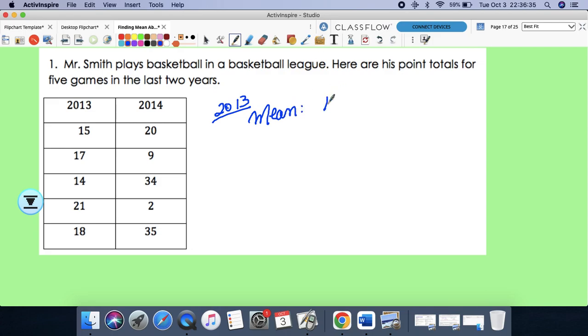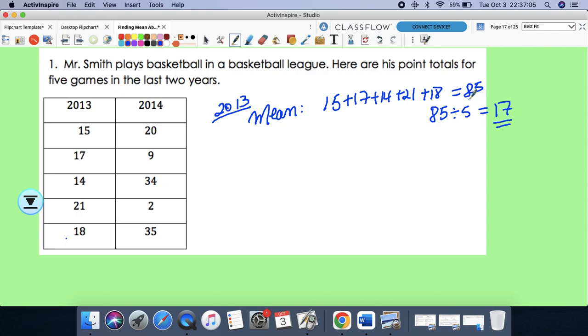So 15 plus 17 plus 14 plus 21 plus 18, we get 85. And then we have 1, 2, 3, 4, 5. So we're going to take 85 divided by 5, and that equals 17.